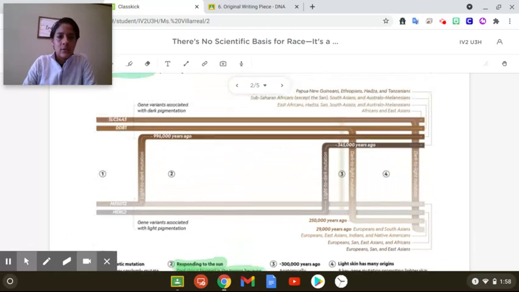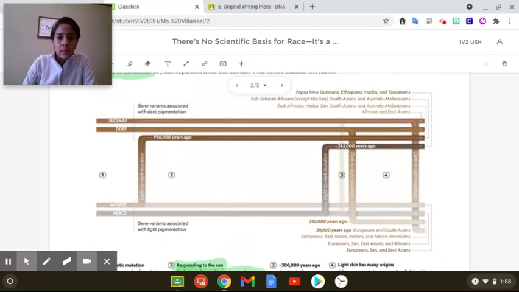This graph here shows us how the first pigmentation in skin color was actually dark skin because people evolved in Africa and they needed that dark pigmentation to protect them from the constant UV radiation.